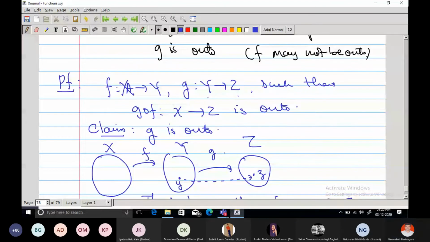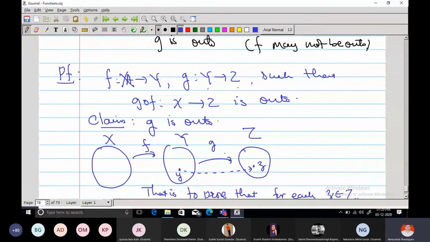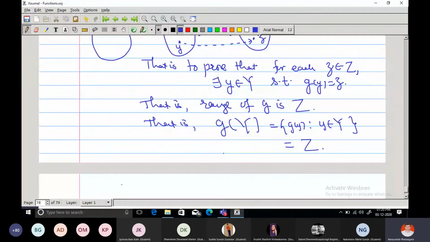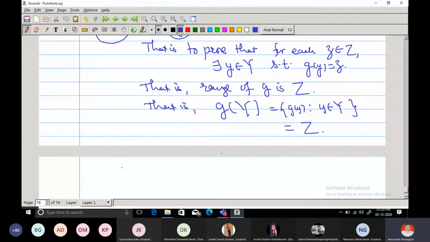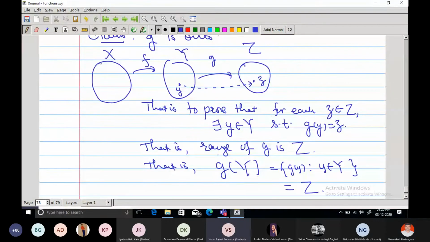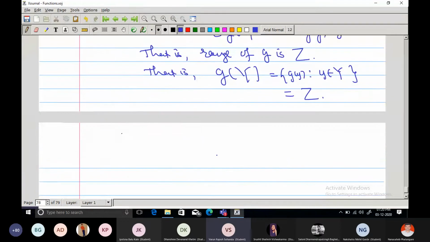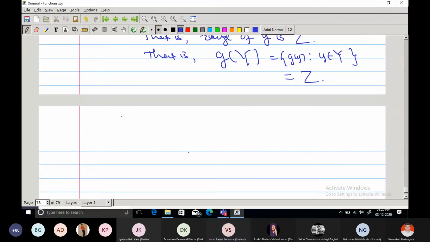How to initiate the process? We understand what our aim is, what our target is. So, how to initiate the process? So we can say that since G of F is onto. See, what is the aim?